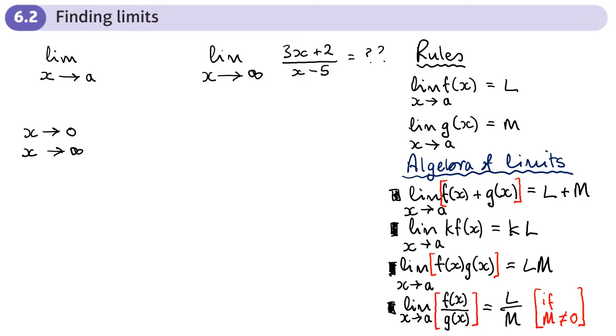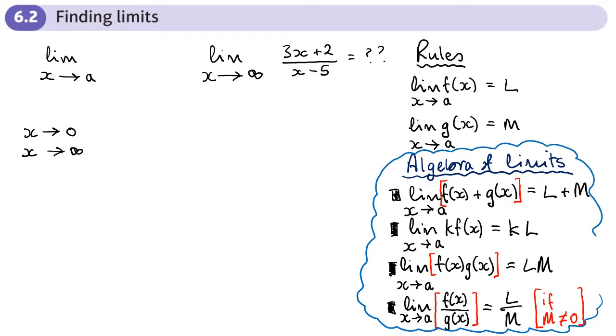So we've got these rules for our functions here and the limits of those functions. So we can add the limits together when the functions are added together. If the function is multiplied by a constant, we multiply the limit by a constant.